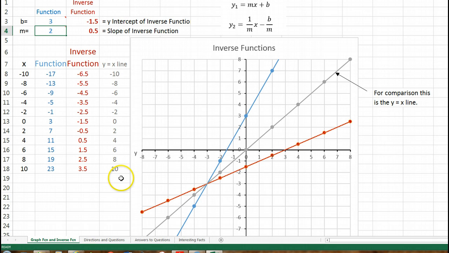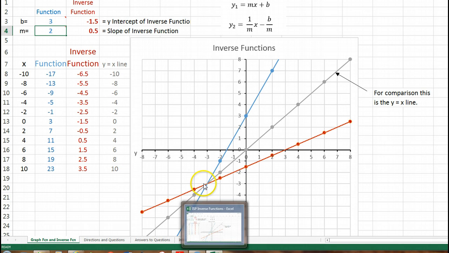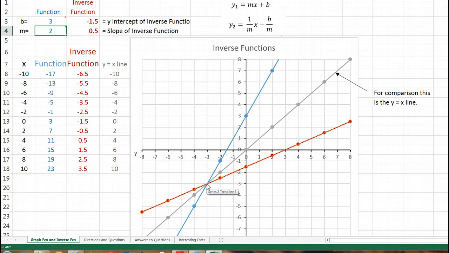You'll always notice that the inverse function and the function cross the y equals x line at the same point. So the three lines will cross at the same point, unless the two curves happen to be parallel.